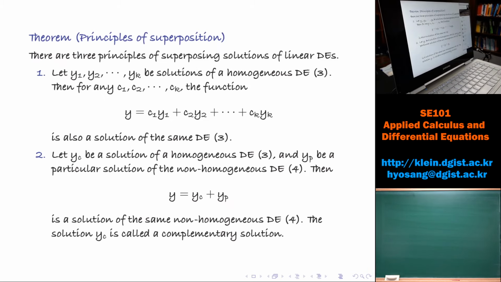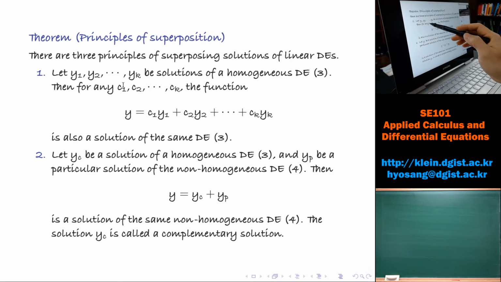Now, the general method of finding such a solution is using the theorem called the principles of superposition. There are 3 principles of superposition. The first one is that if you have k solutions, these are k particular solutions. These yi's are considered particular solutions because we are going to take constant coefficients later.